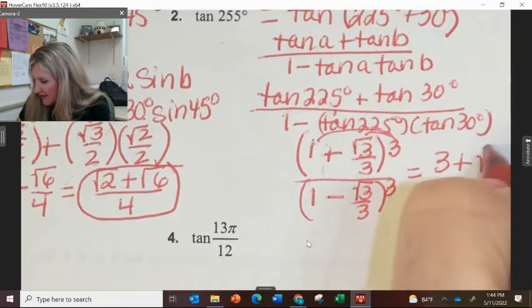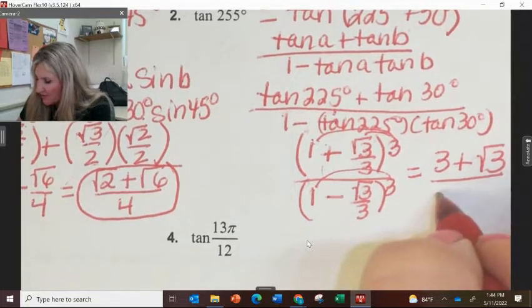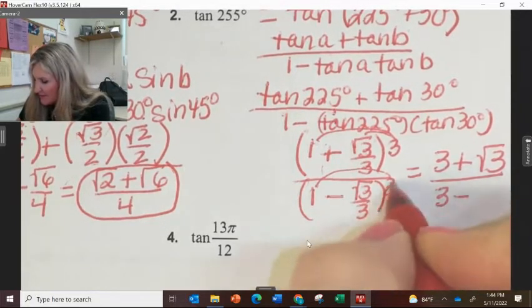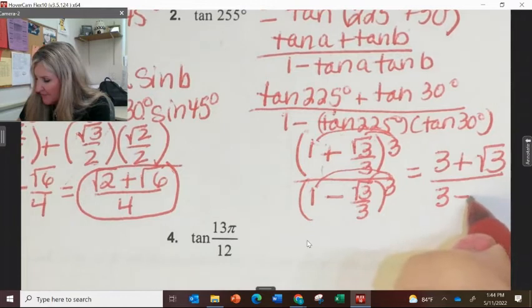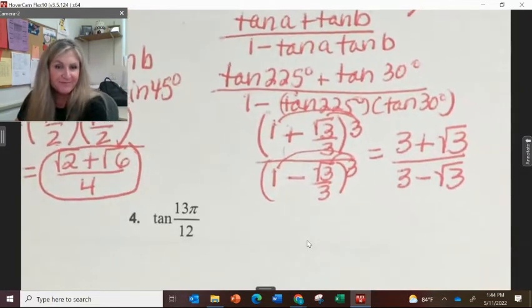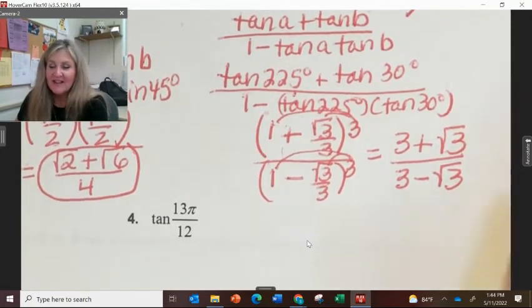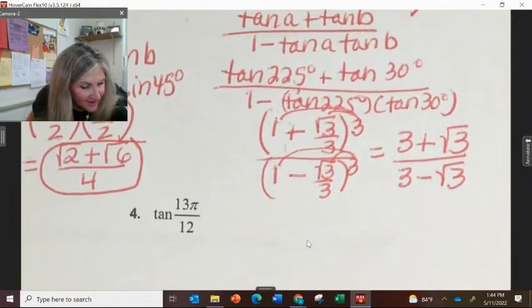Just radical 3 over, 3 times 1 is 3 minus, what are we going to have? That's going to be radical 3. Okay, we're making progress.